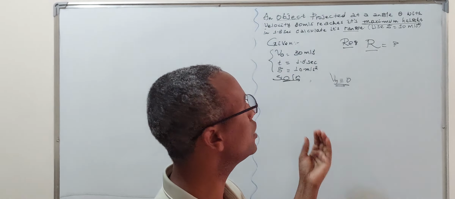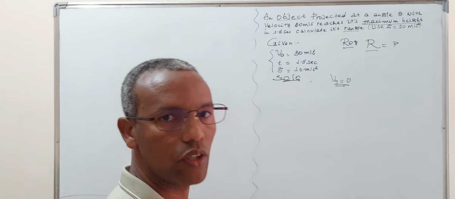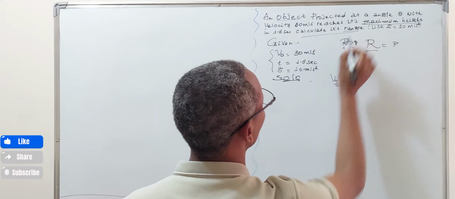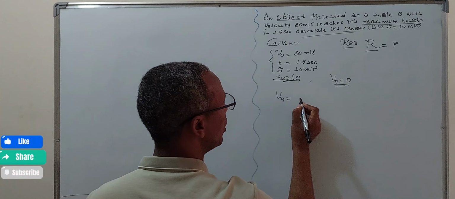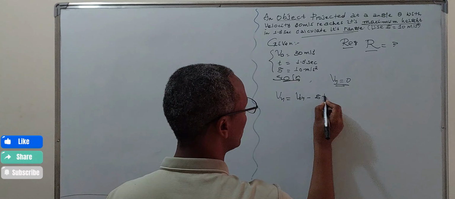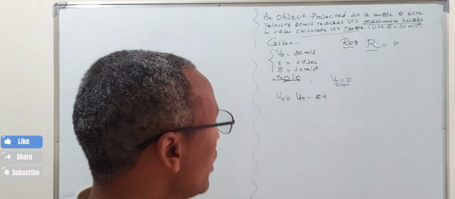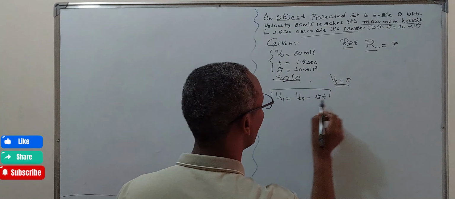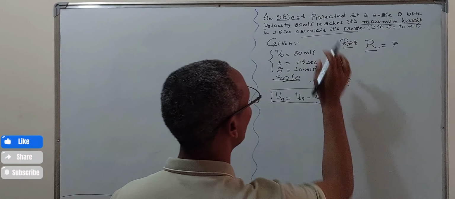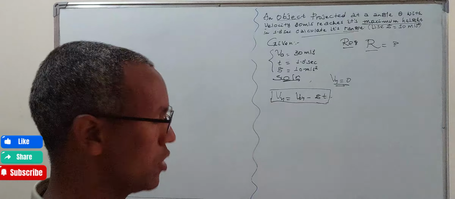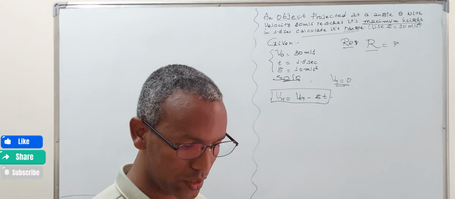To calculate the range, we use Vy is equal to V sub O sub y minus g times t, because acceleration due to gravity is downward. This is the basic equation.